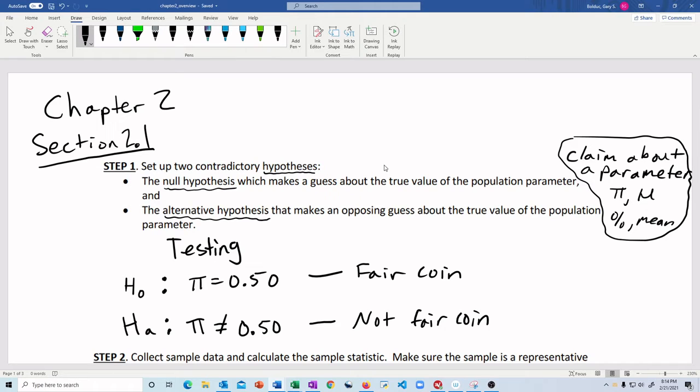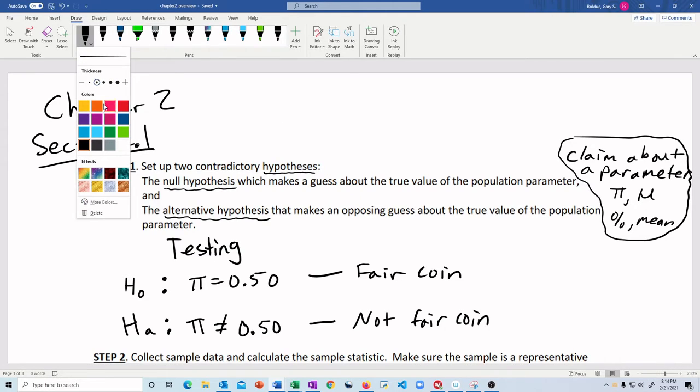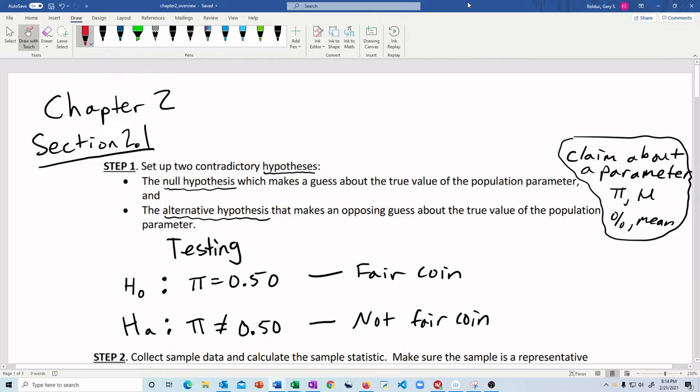You took a claim, fair coin, and you converted that into a value for the parameter. Remember, pi here is that long run proportion of heads, right? What happens when I flip the coin a bunch of times? Well, if I say it's fair, you can put a number on that. That's your null hypothesis.